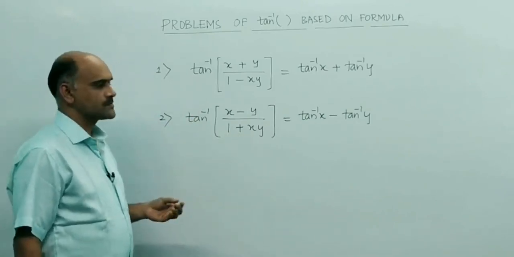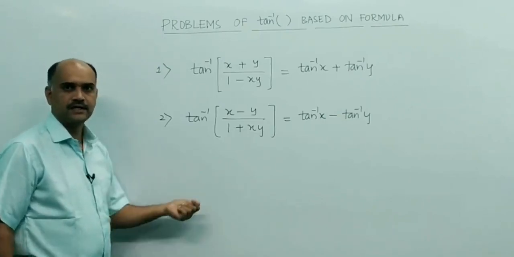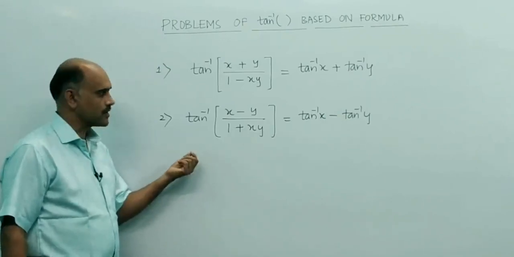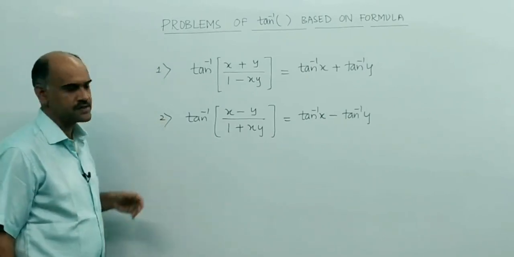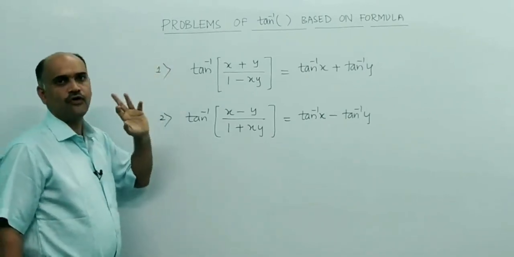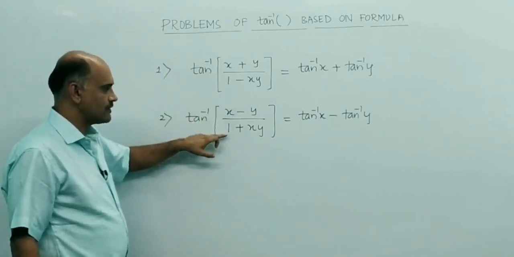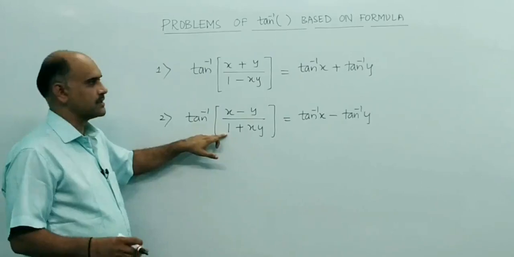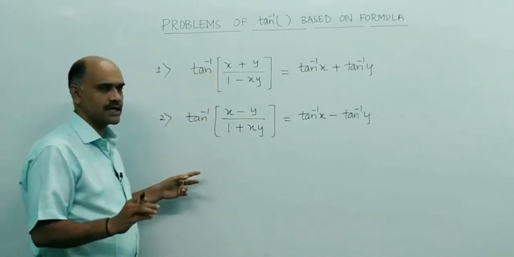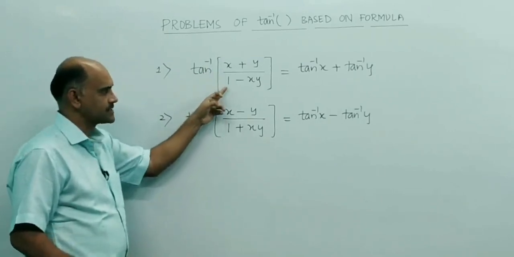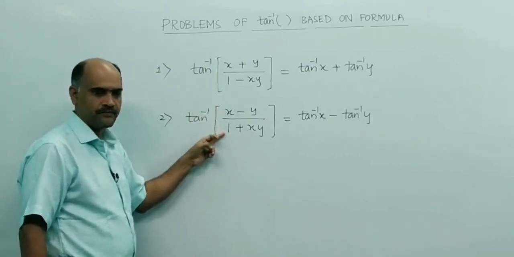Those problems will be for 1 mark or 2 marks, and you may even have them in CET exams also. Now here two things you remember, students. Whichever formula of tan you take, here there will always be 1. Whether these two formulas, or tan 2 theta, tan 3 theta, tan (a plus b), tan (a minus b), whichever formula you take, it will be there.